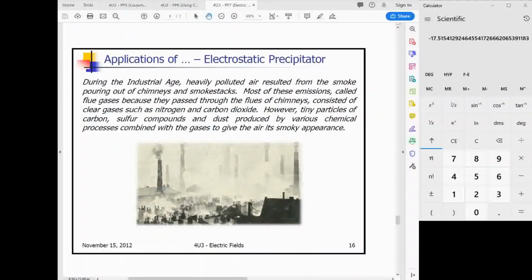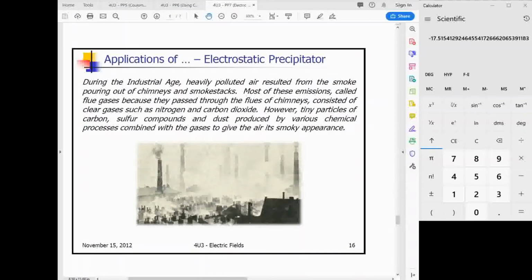Basically, we put these in the flues of chimneys. The gases we do not want brought out into the atmosphere are nitrogen and carbon dioxide, but there are also tiny carbon particles and sulfur particles. And these are often electrically charged.